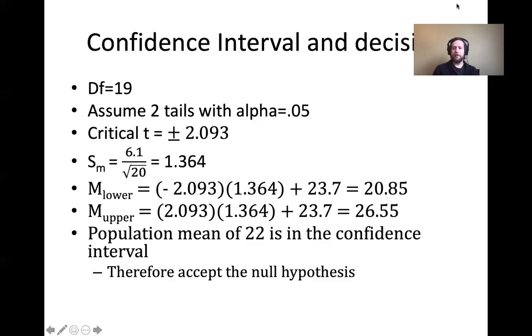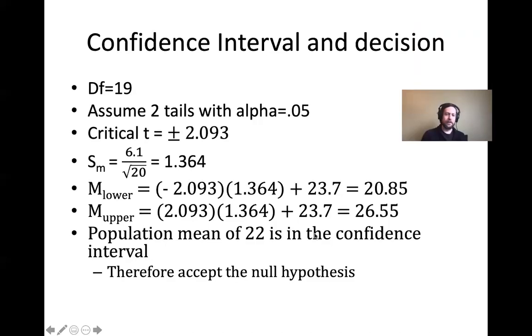And then to use the confidence interval method, you decide: is the population mean, which in this study is 22, in the confidence interval? If the population mean is in the confidence interval, you accept the null hypothesis. If the population mean is outside of the confidence interval, then we reject the null hypothesis. Our population mean was 22.